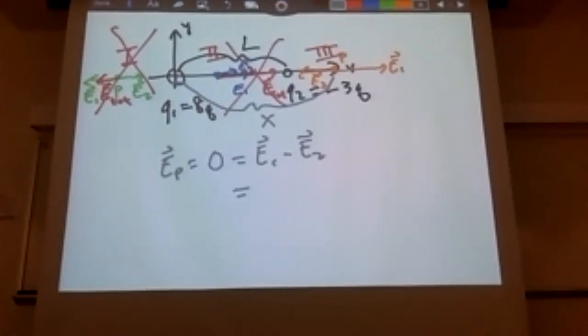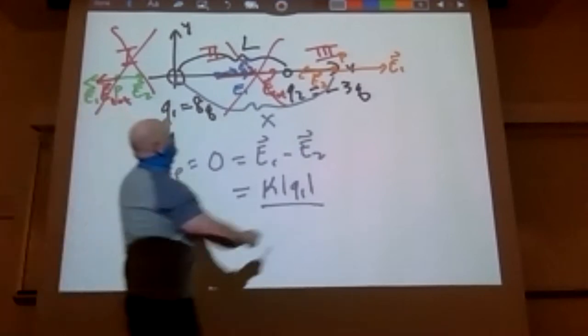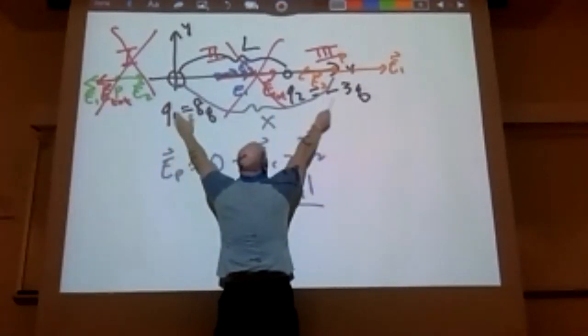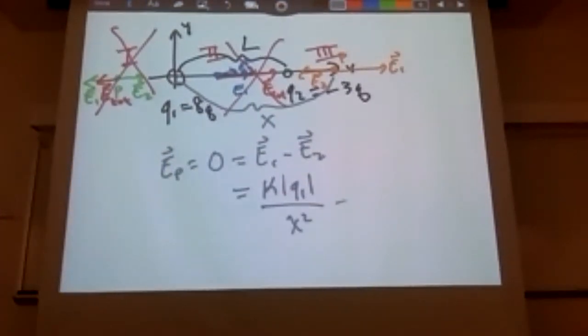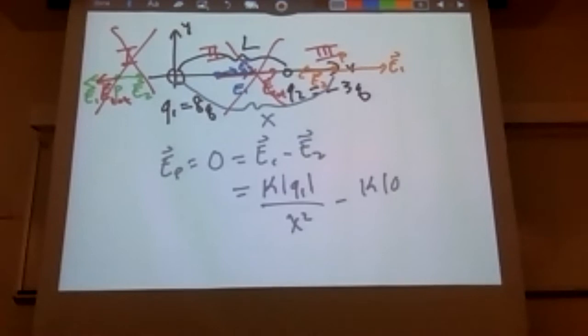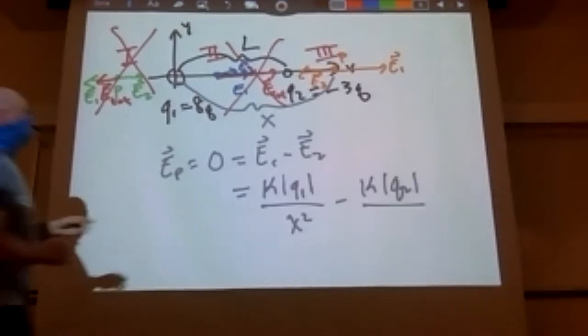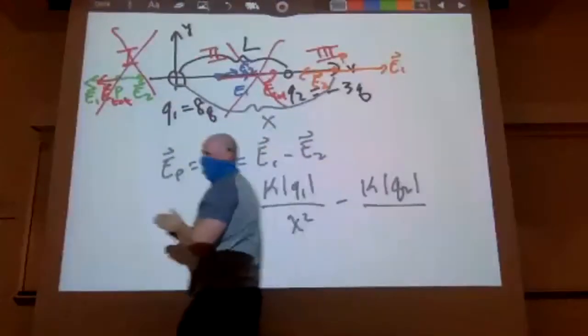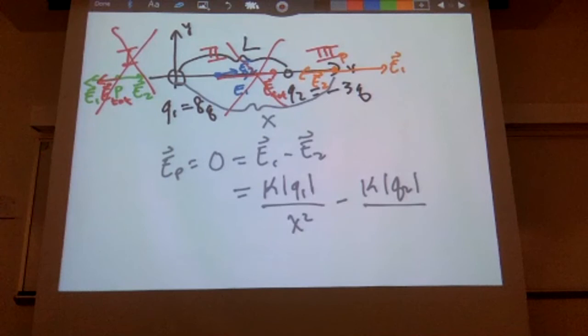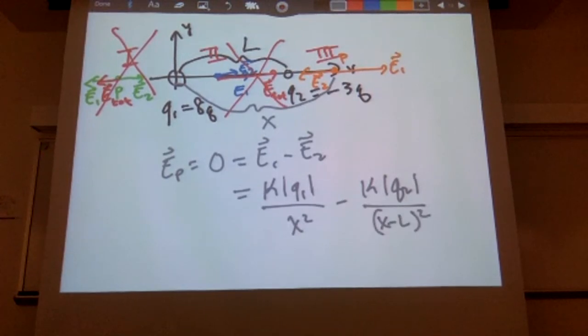Using this, we can write this as K times the magnitude of little q1, divided by the distance, which in this case from here to here is distance x, so x squared, minus K times the magnitude of q2 divided by this distance. This is the distance x, this is the distance L, and this distance is x minus L, so x minus L squared.